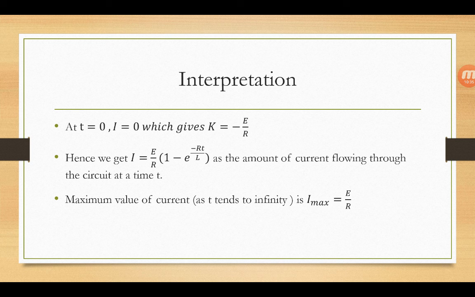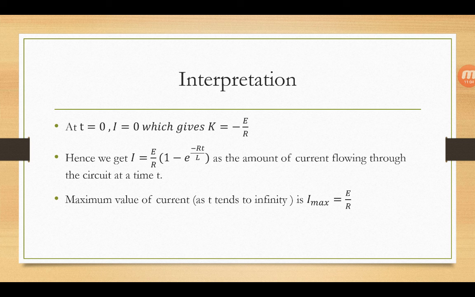Now what happens at the initial condition? When t is 0, I is 0, which gives k as minus E by R. By substituting that value, I can be written as E upon R into 1 minus e to the power minus Rt by L, as the amount of current flowing through the circuit at a time t.